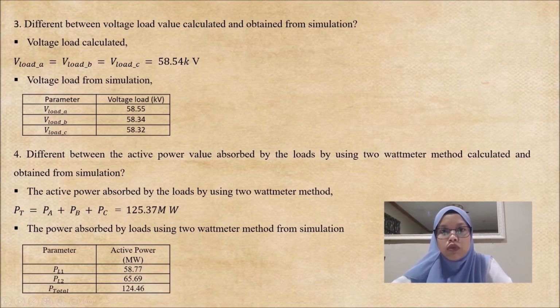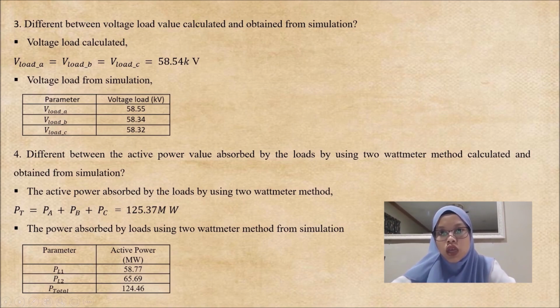The active power absorbed by the load is calculated by using the two wattmeter method and also the conventional measuring method. The active power for both methods is the same, which is 125.37 megawatt. The total active power for the two wattmeter method from the simulation is 124.46 megawatt.